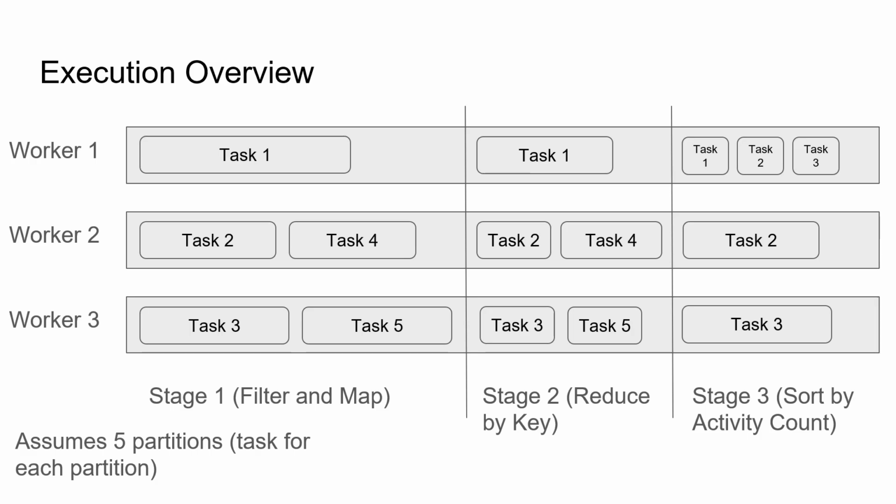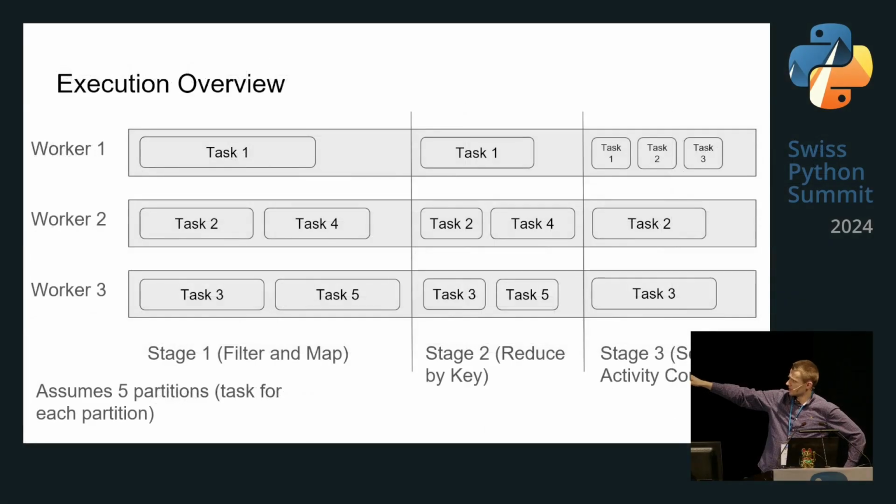In this example, let's say we have 3 workers, and we've also got 5 partitions of the data. At the bottom I've put the stages, and that was the DAG scheduler that did that for us. Once you've figured out what the key stages of your computation are, the task scheduler creates a task for each partition.